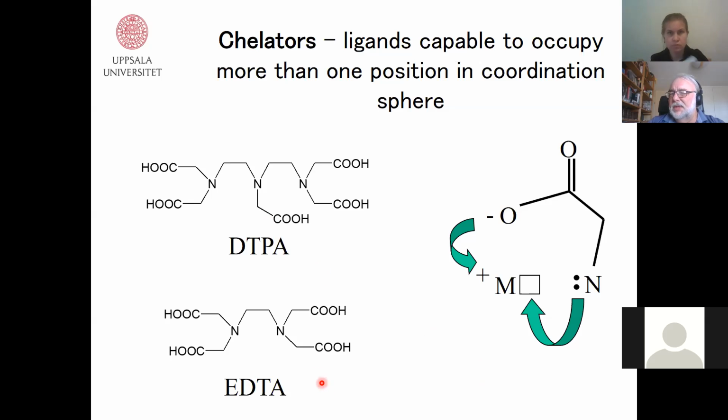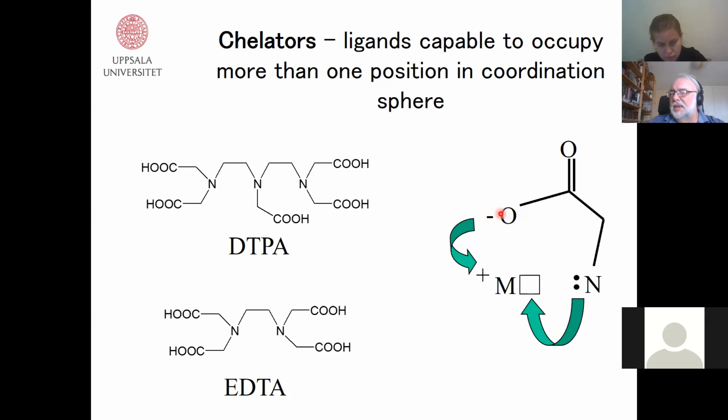Well, these are examples of quite commonly used laboratory ligands, such as diethylenetriaminepentaacetic acid, or DTPA, or ethylenediaminetetraacetic acid. They could interact with the metals in many ways.